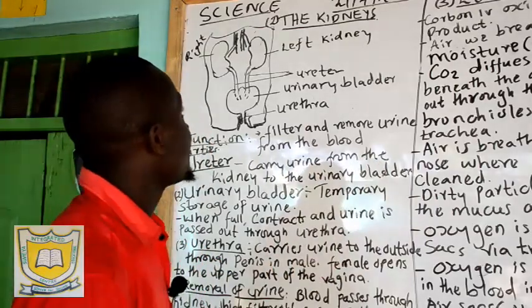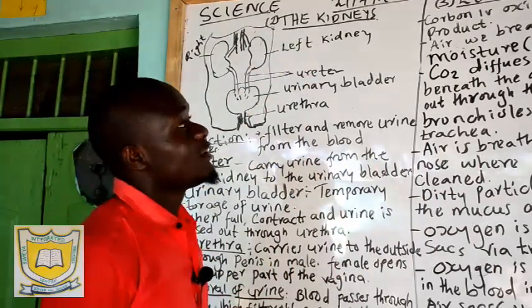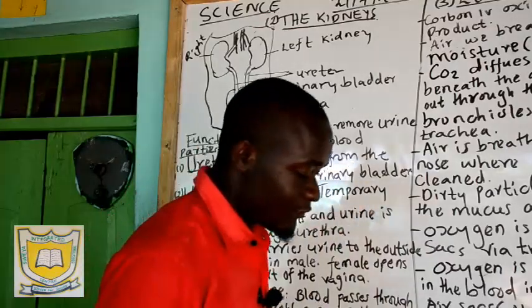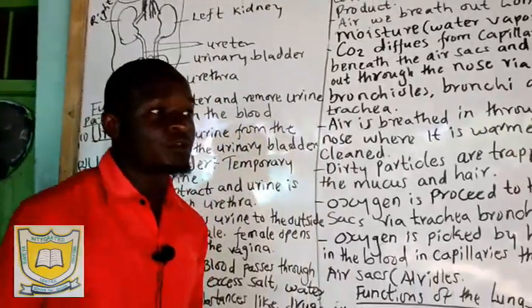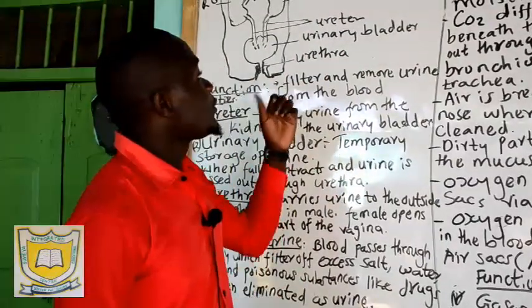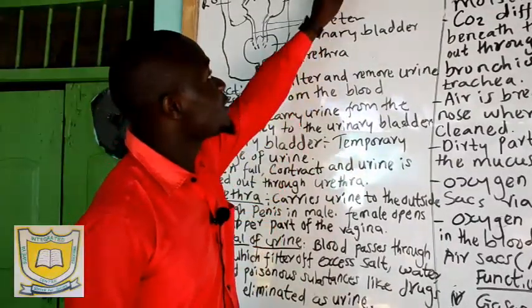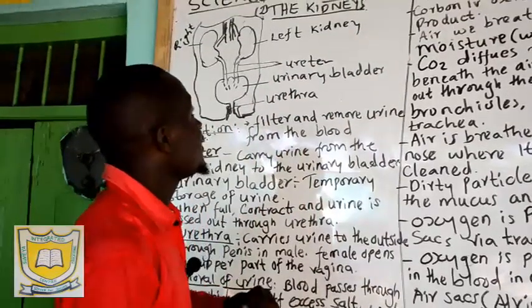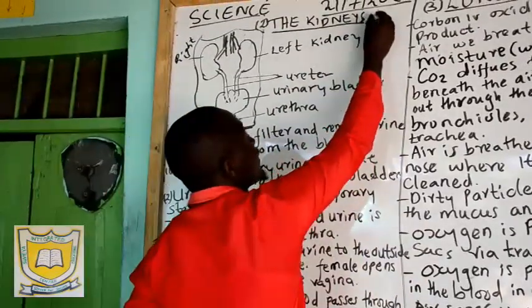Straight away we are going to discuss the kidney. How does the kidney function, or what is the importance of the kidney to excretion? Remember that last time we talked about the excretory product of the kidney, which is urine.